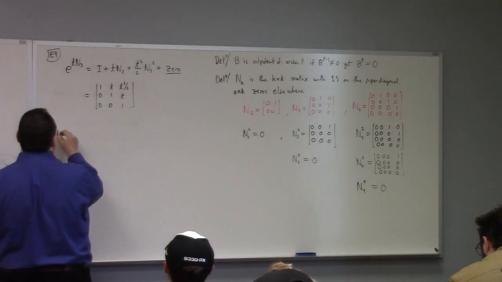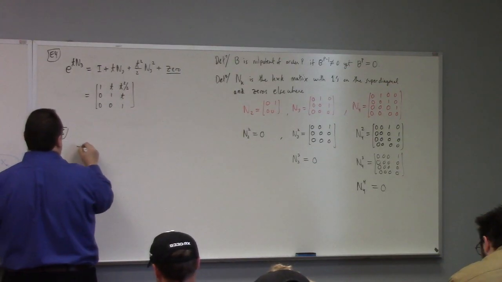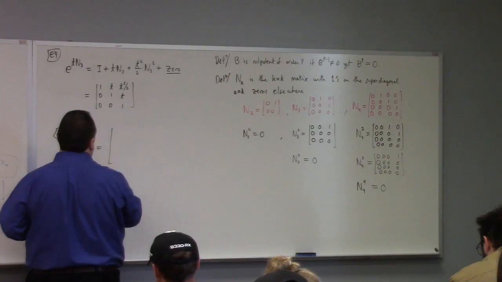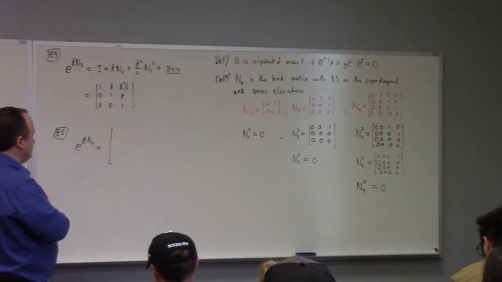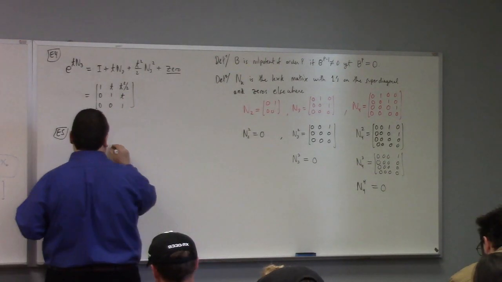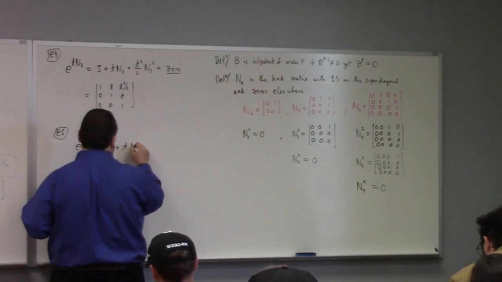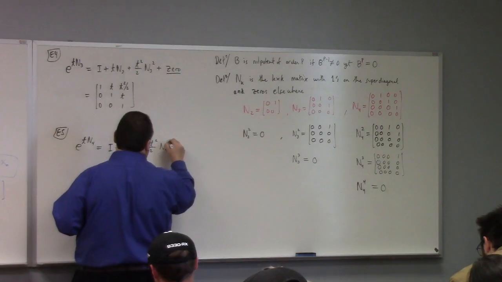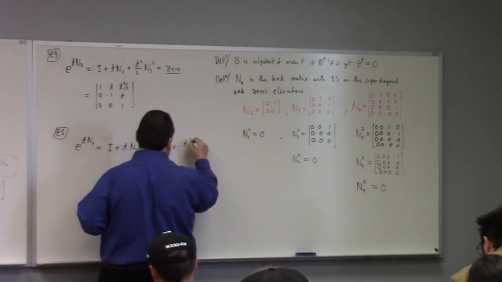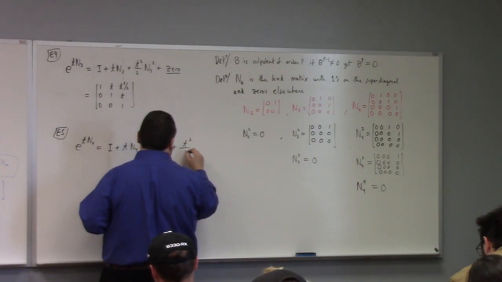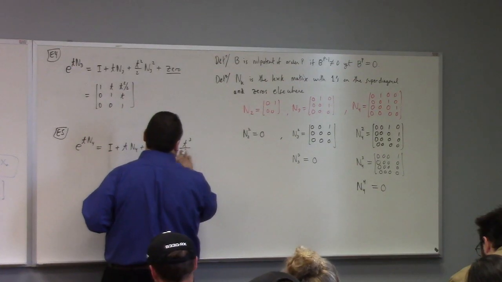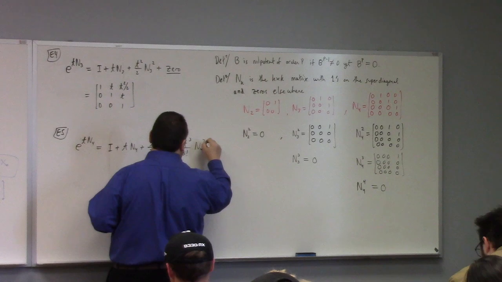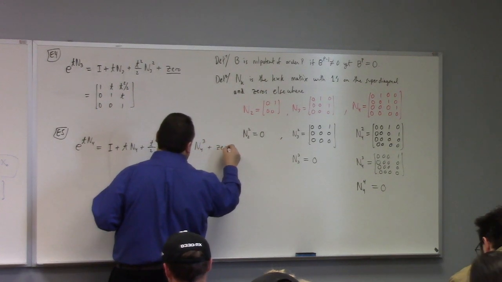Example 5, what happens if we look at e to the t n4? We have I plus t n4 plus t squared over 2, n4 squared, plus t cubed over 3 factorial, which is 6, right? Maybe I'll write it as 3 factorial just for the sake of the pattern, though. N4 cubed. And then plus stuff that's 0.